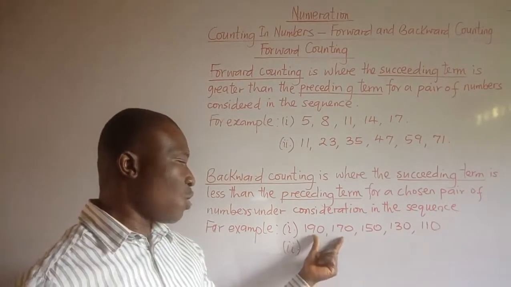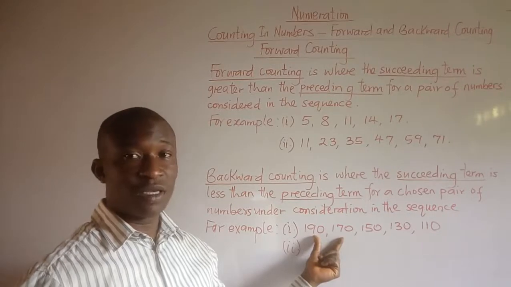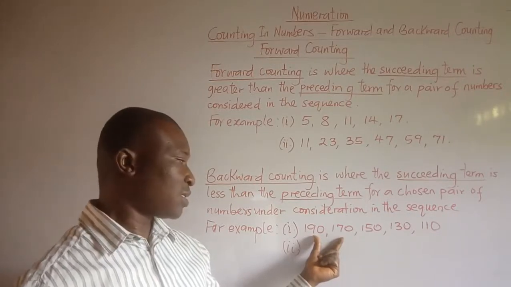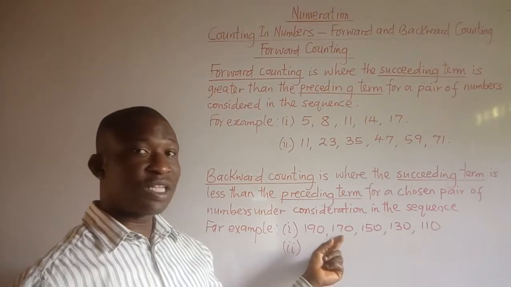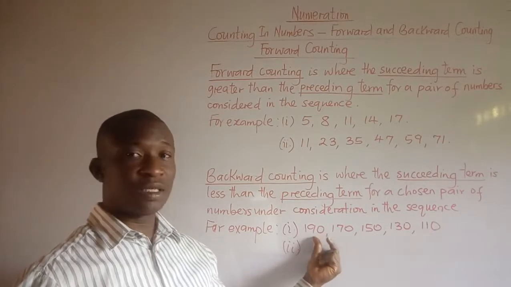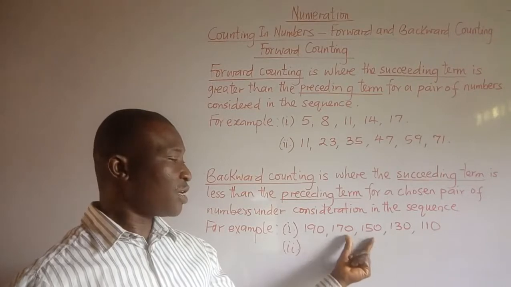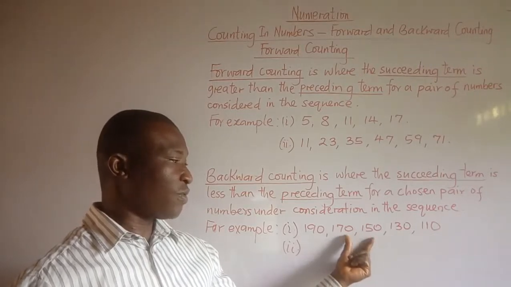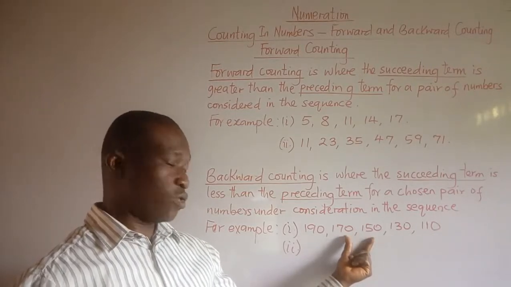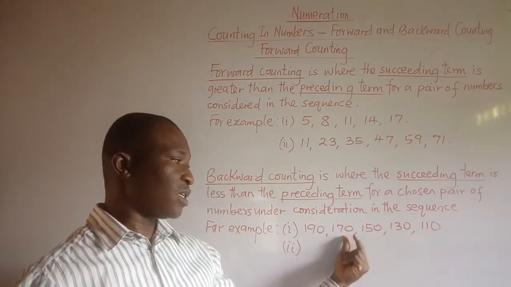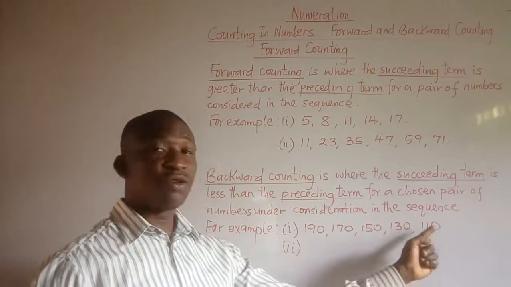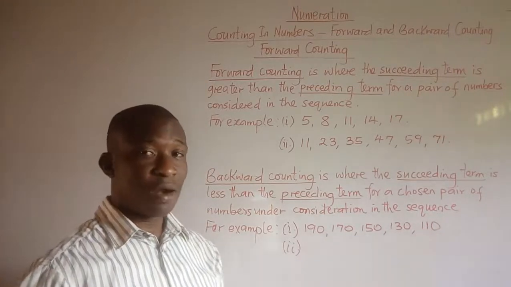Considering the pair 190 and 170, you will notice that the succeeding 170 is less than the preceding 190. Considering this 170 and 150, you also notice that 150, the succeeding, is less than 170, the preceding. So this is another good example of backward counting.